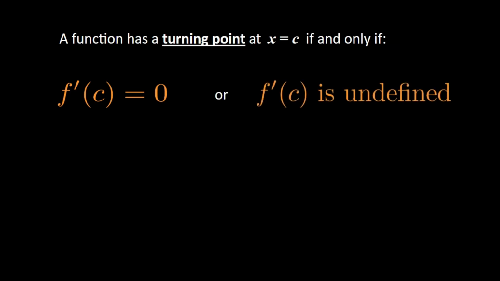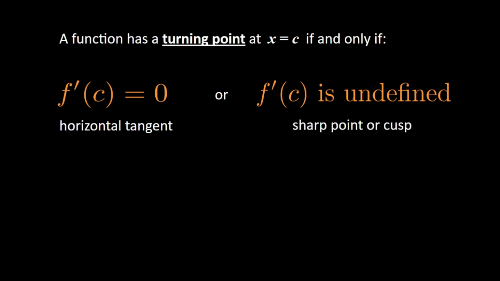And also, confusingly, a turning point can also happen when the first derivative is undefined. And we'll worry about that later, but it's just kind of the small print, I guess, at this point in the legalese of setting up our definition. So, of course, that's a horizontal tangent. So if you have a horizontal tangent, you should suspect a turning point. If your first derivative is undefined, you should also suspect a turning point.